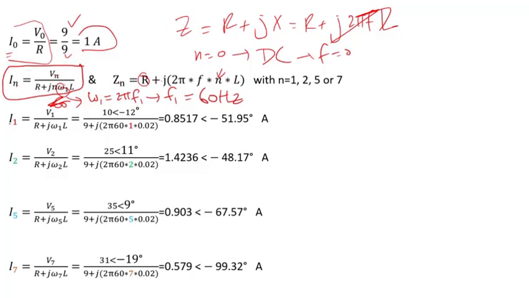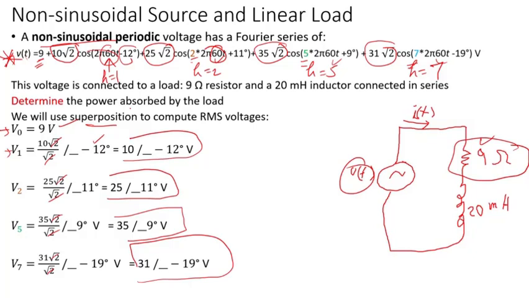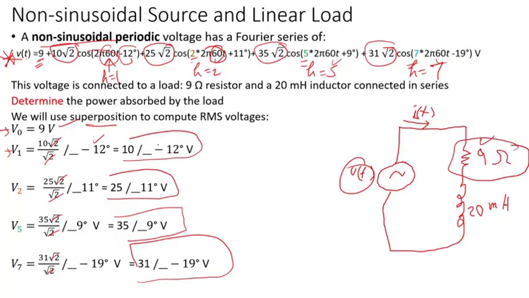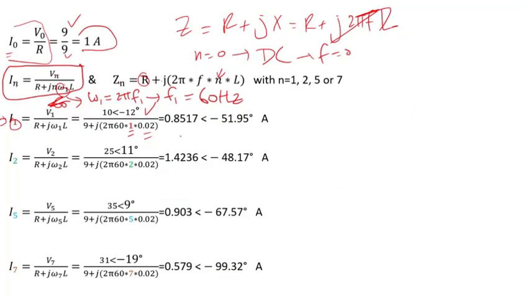So now I will apply this formula. I1 is V1 divided by R plus j omega 1 L. I already calculated V1 here, so I'm just plugging in the numbers: 9 plus j 2 pi 60 times 1, because n equals 1, times L. Remember it's 20 millihenry, which I convert to Henry by dividing by 1,000, giving 0.02 Henry.